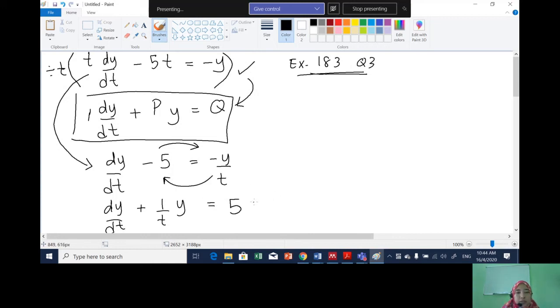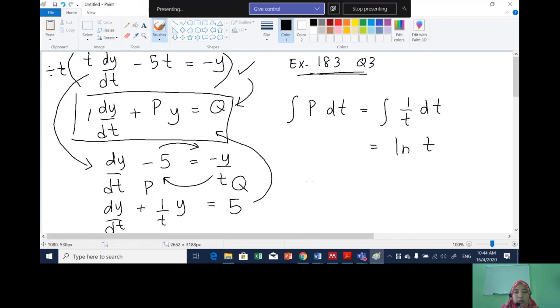Okay, so this is the same as the one in the box. So our P is 1 over t, our Q is 5. Okay, so once we determine P, we write down here P dt, not P dx. So the integration of P dt becomes the integral of 1 over t dt. So you know what the answer is? That is equal to ln t.